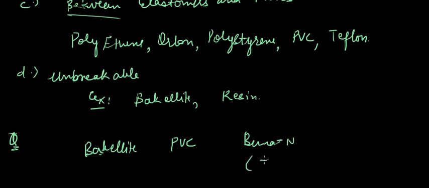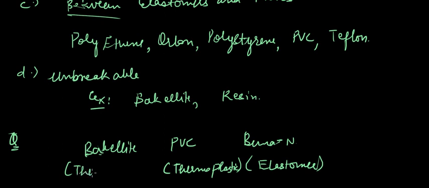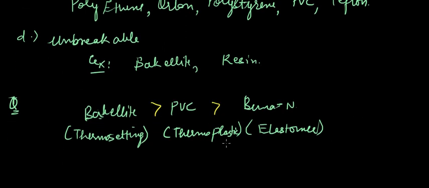Obviously this is an elastomer, this is thermoplastic, and finally this is thermosetting. So the order would be nothing but this. Thermosetting polymers have stronger intermolecular forces than thermoplastics, which in turn have more than fibers, which in turn have more than elastomers.